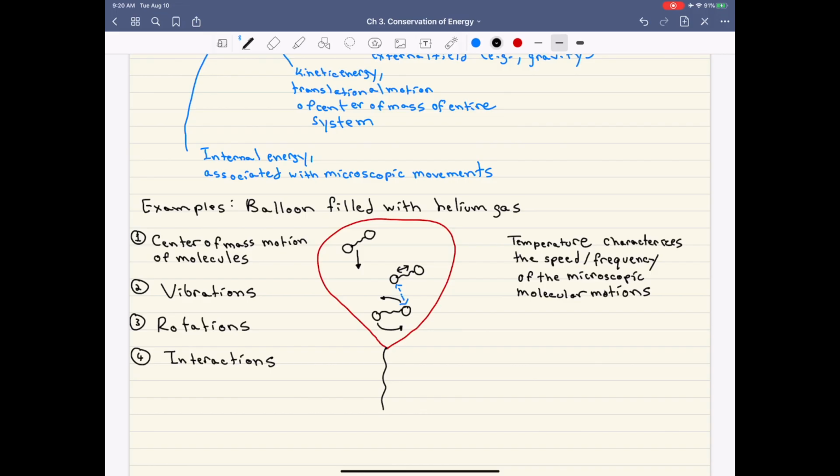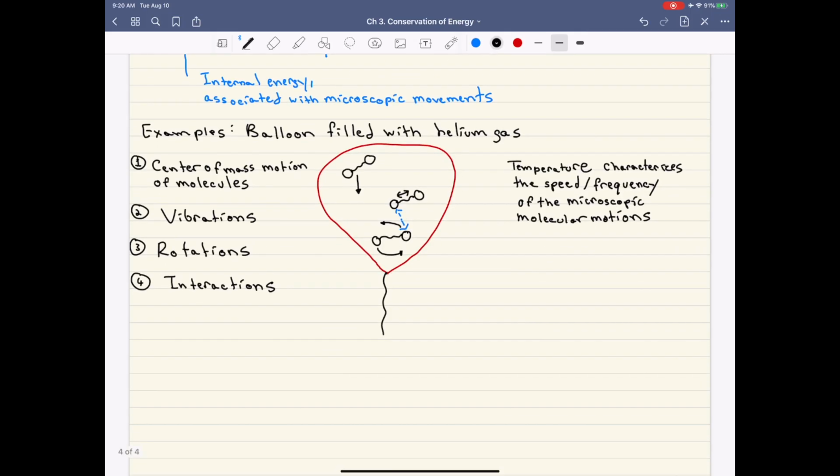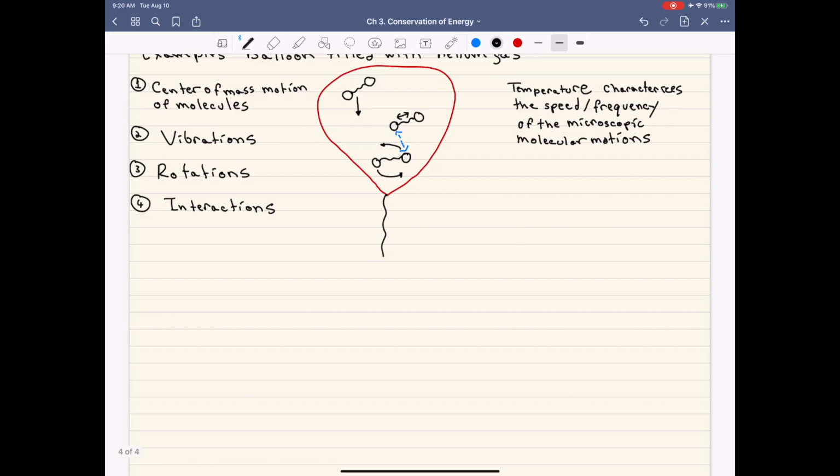And so we'll talk in more detail about how the internal energy is directly related to this temperature. But for now, I just want to talk in general terms and say that internal energy is a function of temperature, and that molecules will move or vibrate more quickly or faster as the temperature increases.